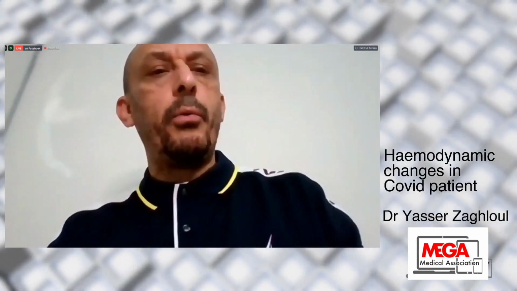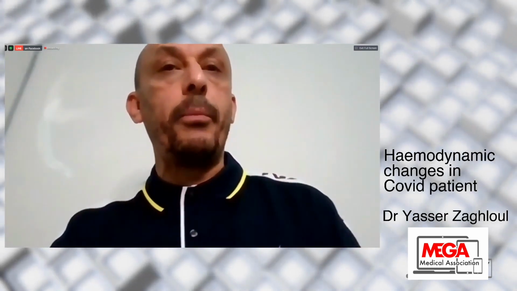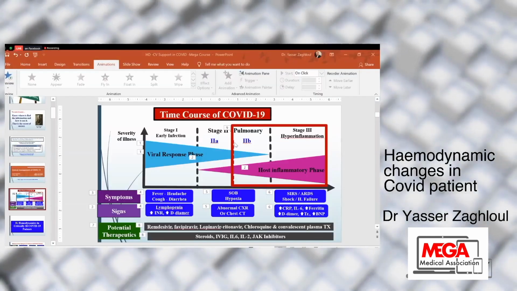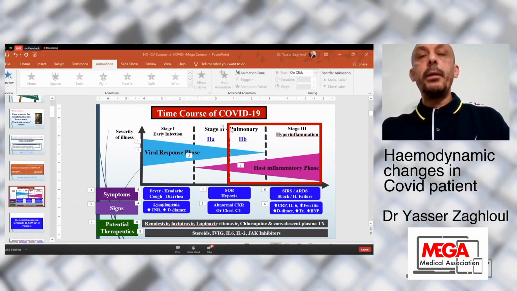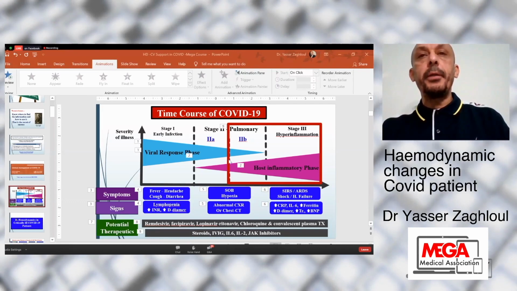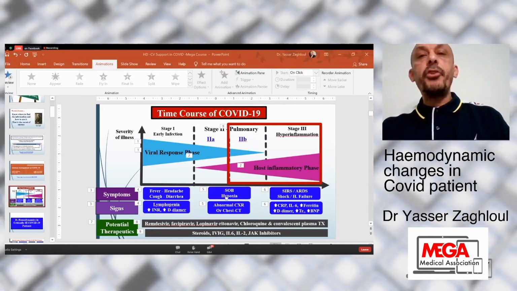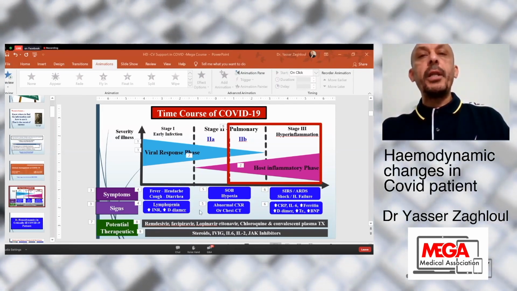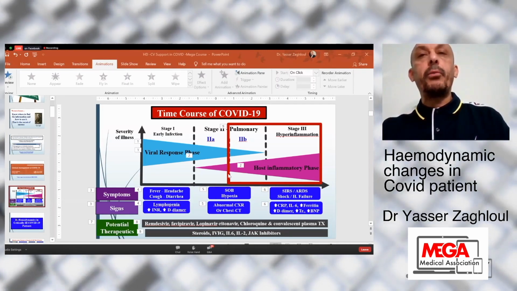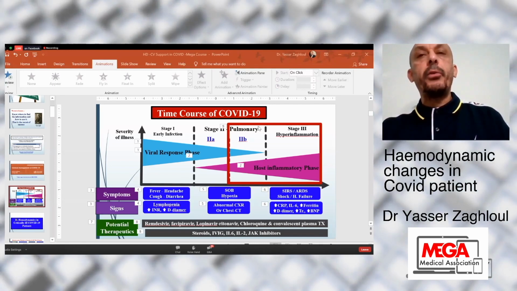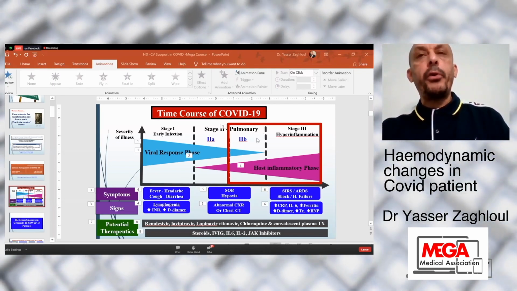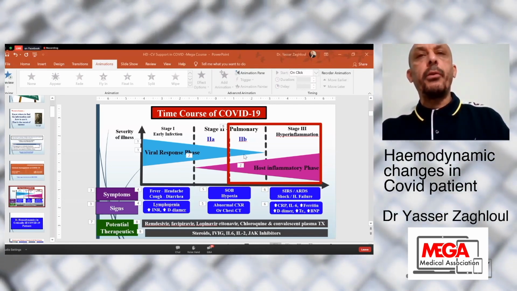Actually, maybe we don't have this slide here. I will tell you which stage you have to use steroids. If the patient starts to be in pulmonary stage 2, this is the time to start the steroid. If the patient just has shortness of breath with just an abnormal X-ray, it's okay. But when he starts to be hypoxemic and is going to respiratory failure, or starts to use BiPAP or high flow oxygen, it is the time to start the steroids.